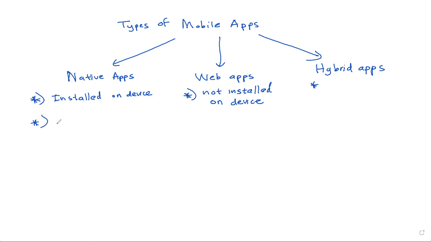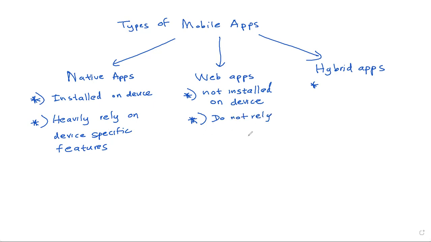Therefore, native apps heavily rely on device specific features, whereas web applications do not rely on the device specific features.